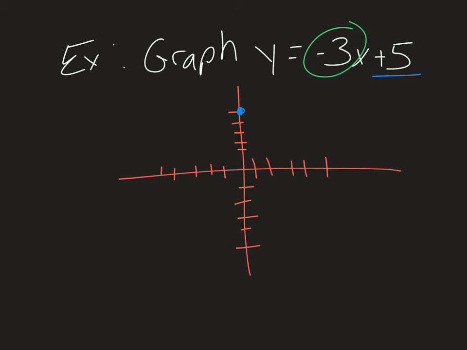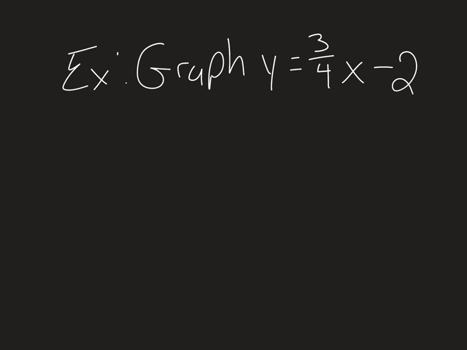So I know it goes through the point (1, 2) as well. At that point, I can continue with that trend. So I go right 1, down 3 again. I'm down to negative 1. And then I can connect the dots and make my line. We can use this as a quick way to graph linear equations, even if the slope is negative. It just means it's going to go down as it moves to the right.